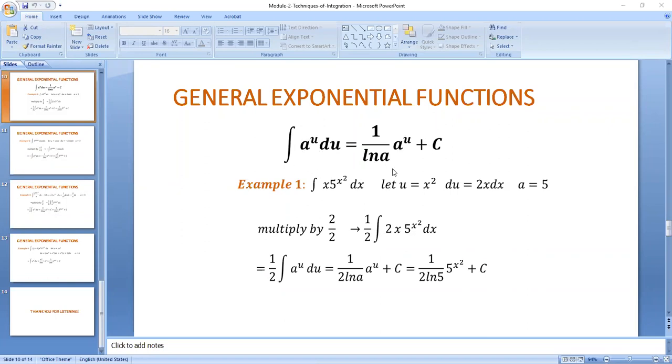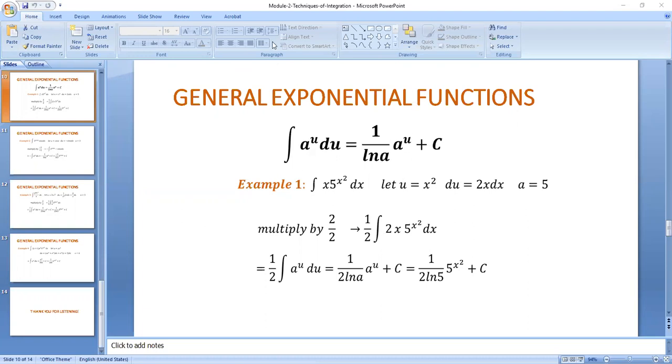Now, you can only have this answer if the derivative of the u is complete here in the du. So the derivative of the u is du, and as such, you can write the integral of this as a^u over ln of a. Okay? Or 1 over ln a times a raised to u.